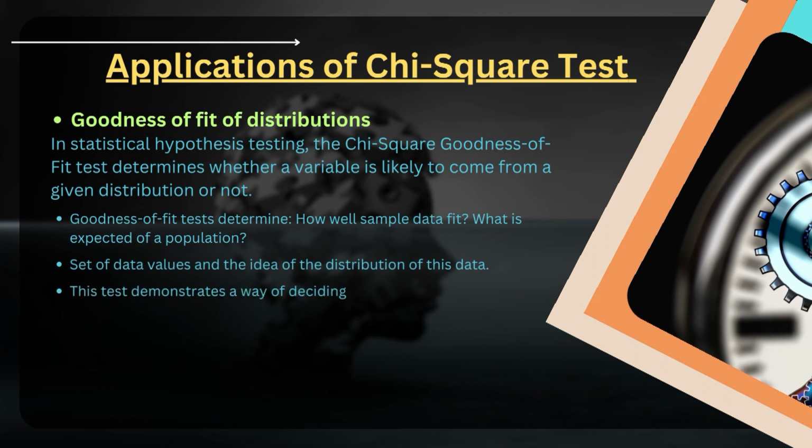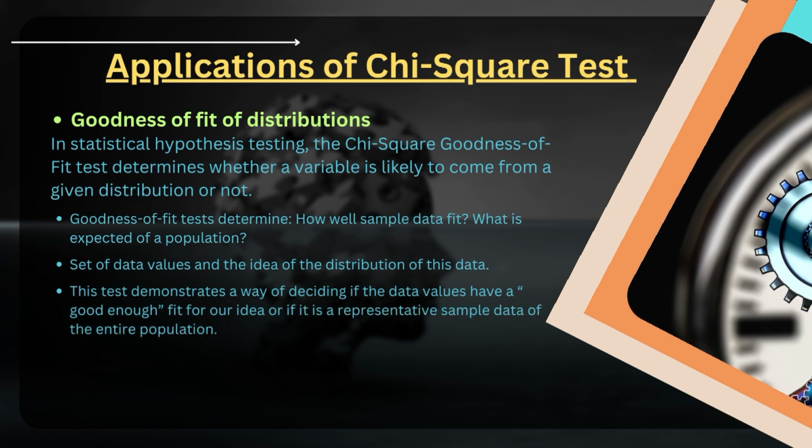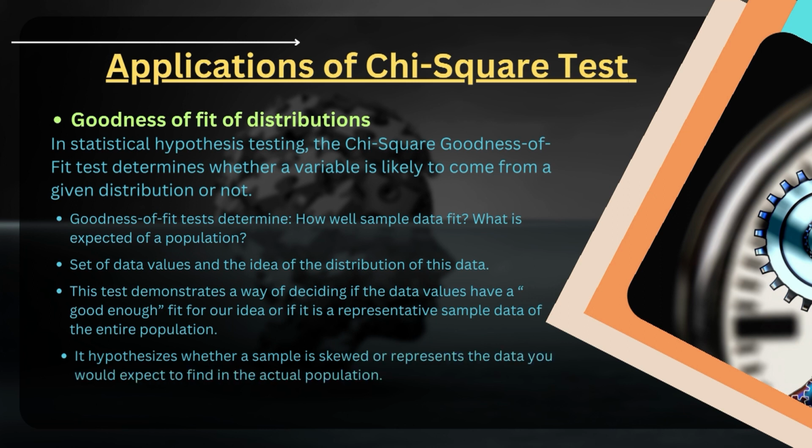We can use this test when we have value counts for a categorical variable. This test demonstrates a way of deciding if the data values have a good enough fit for our idea or if it is representative sample data of the entire population. Put simply, it hypothesizes whether a sample is skewed or it represents the data you would expect to find in the actual population.